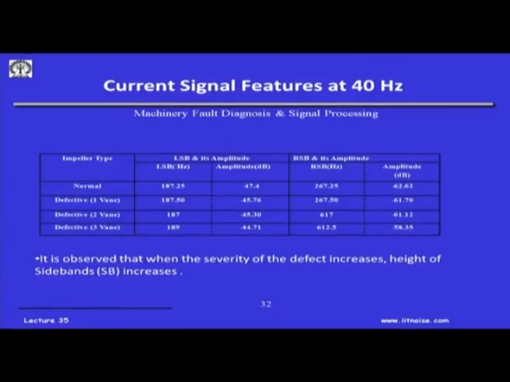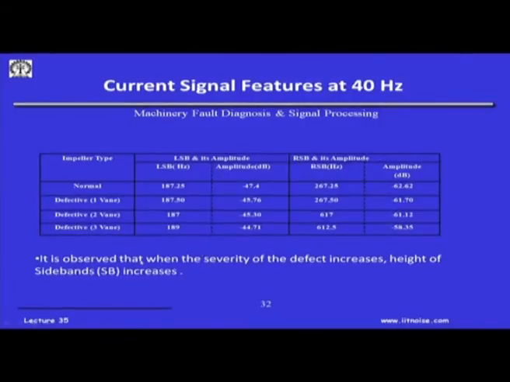So in this example at 40 hertz, we had defects of 1 vane removed, 2 vanes removed, 3 vanes removed, and then we see the sideband values at these frequencies, the lower sideband and the right hand sideband and their amplitudes.